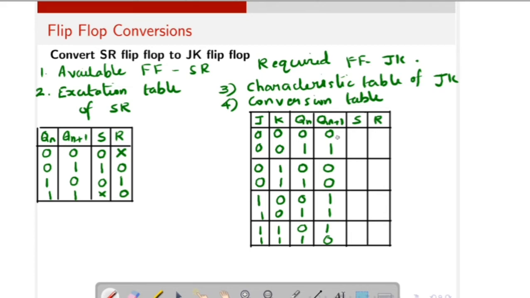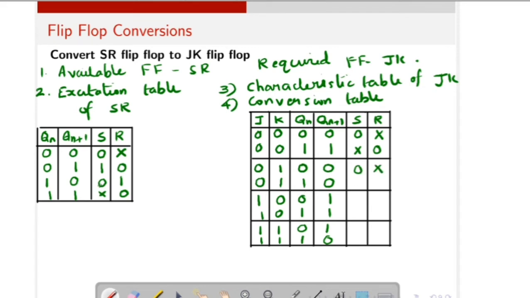That means Qn is equal to 0 and Qn plus 1 is equal to 0, then S is equal to 0 and R is don't care. When Qn is equal to 1 and Qn plus 1 is equal to 1, then S is equal to don't care and R is equal to 0. Then Qn is equal to 0 and Qn plus 1 is equal to 0, then 0, don't care.